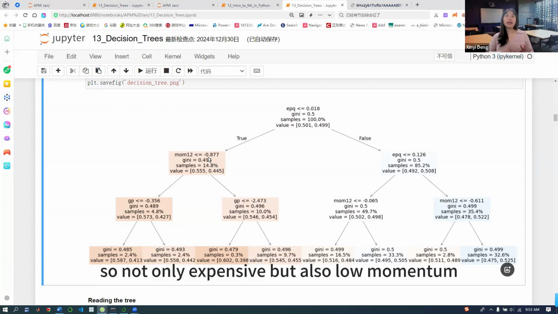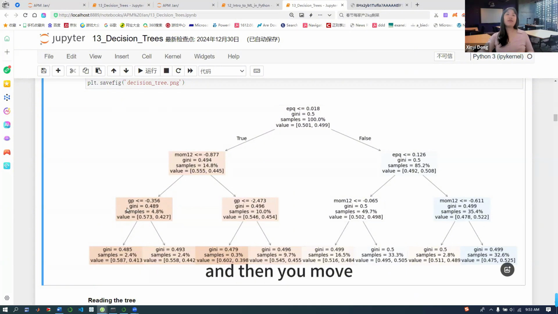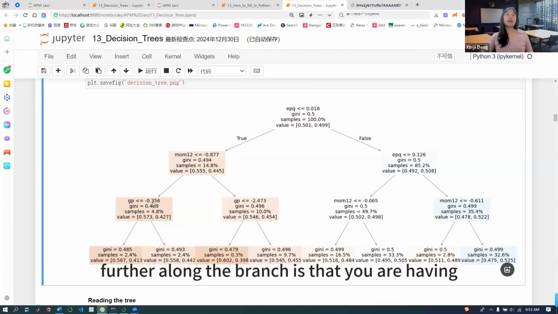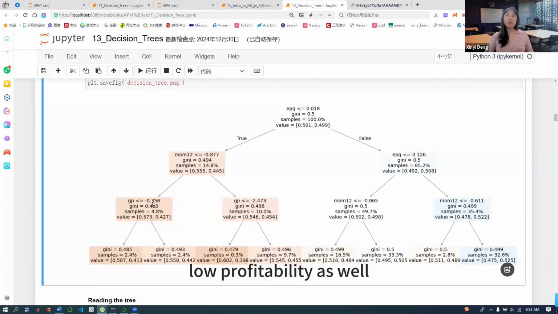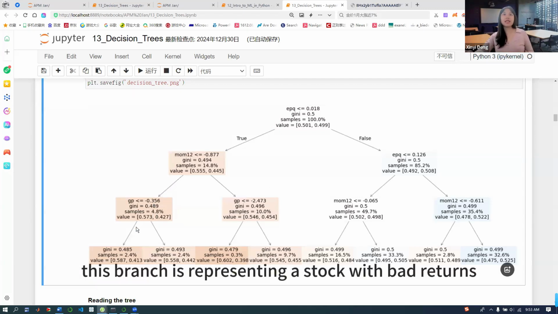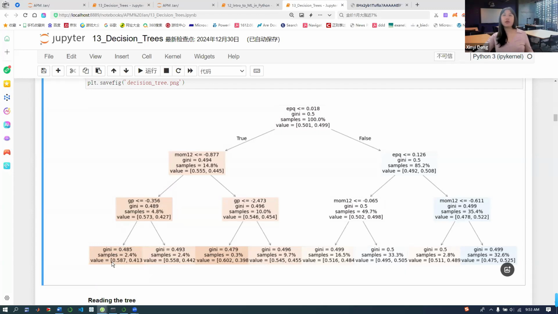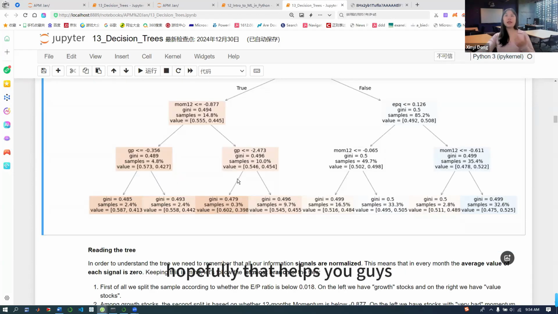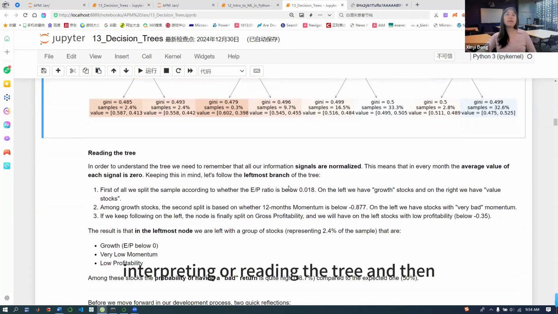So not only expensive, but also low momentum. And then as you move further along the branch, you have low profitability as well. So no wonder the end result is that this branch represents a stock with bad returns, or a bad stock. Hopefully that helps you guys interpret or read the tree.